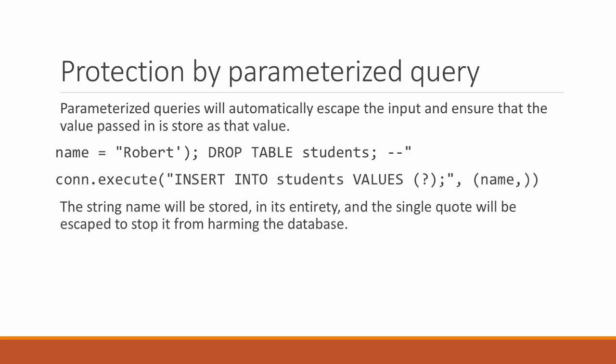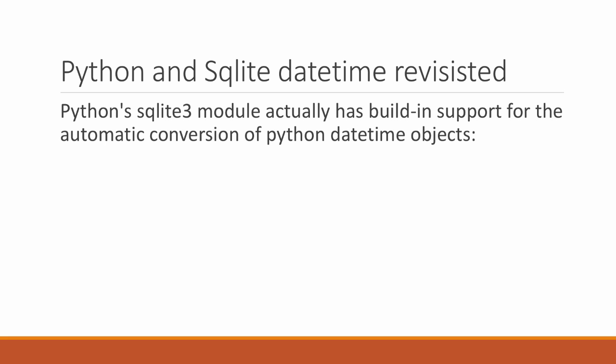The other thing that I want to talk about is revisiting datetime objects, in that Python and SQLite actually have this nice communication with each other, where the Python sqlite3 module is smart enough to store Python's datetime objects cleanly inside of SQLite. There is a custom data type called DATE in SQL that can hold datetime.date objects, so it can hold a Python object.